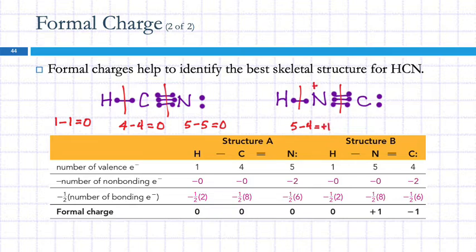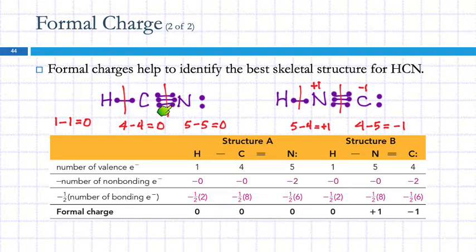This has a formal charge of plus 1. Carbon brought 4 to the structure and it's leaving with 5. 4 minus 5 is negative 1. So this tells me that if we break this up in this way, nitrogen is going to be short an electron and carbon's going to end up with an extra electron when they break up.